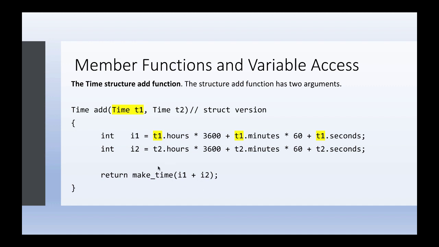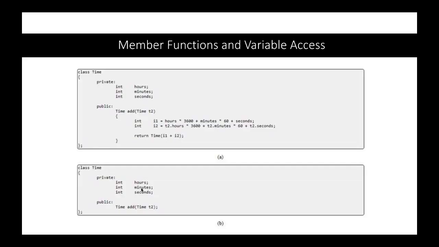Then we add them all together and return using our old make time function. Just to say it one more time, the hours, the minutes, the variables are implicitly applied to whatever the object is bound to. So that is how it knows. They are that object's hours, minutes, and seconds in this case.